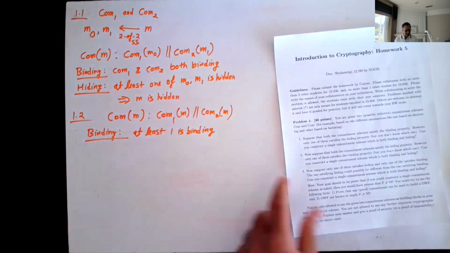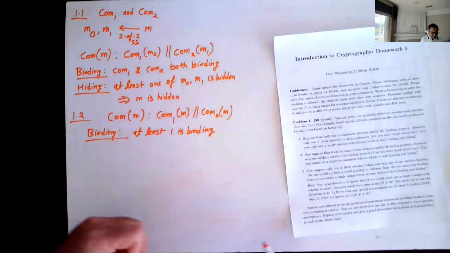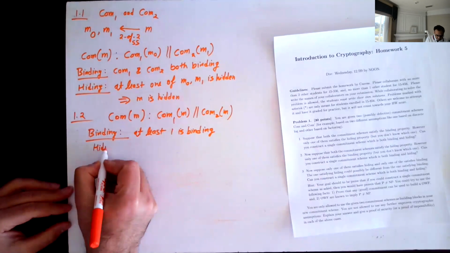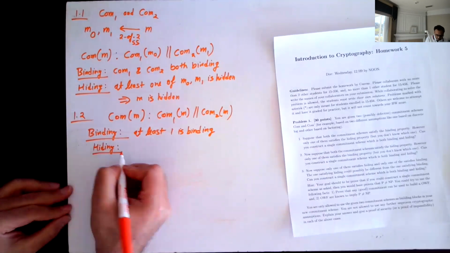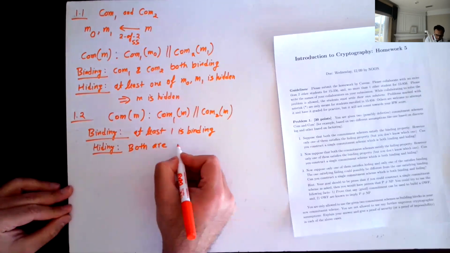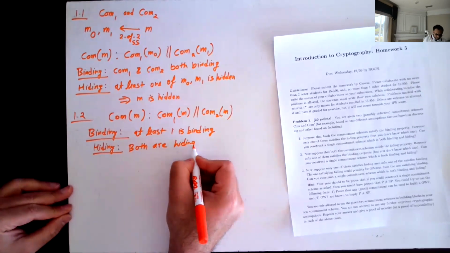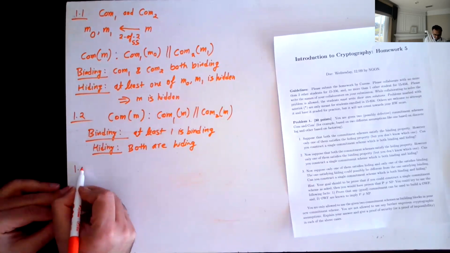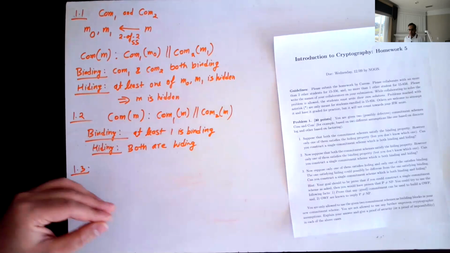You have to change the message in both because the message inside both is supposed to be the same. And hiding relies on the fact that both are hiding. Right?